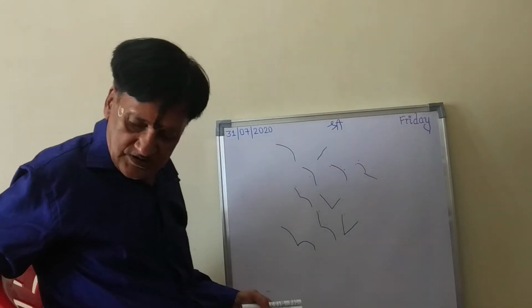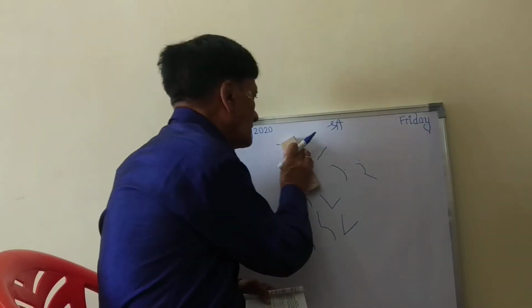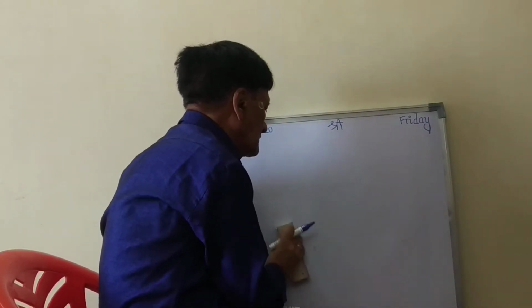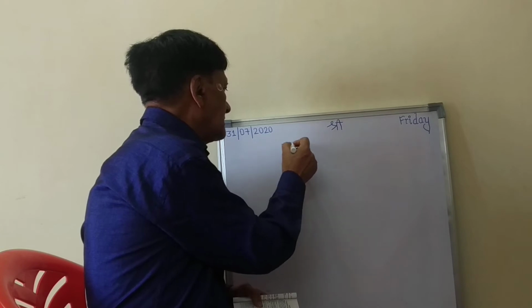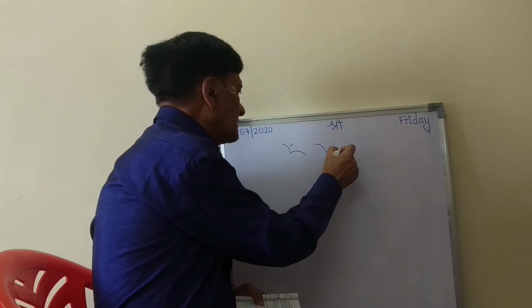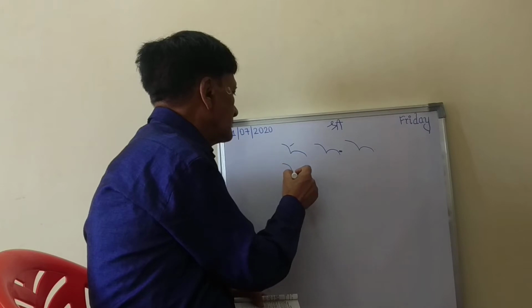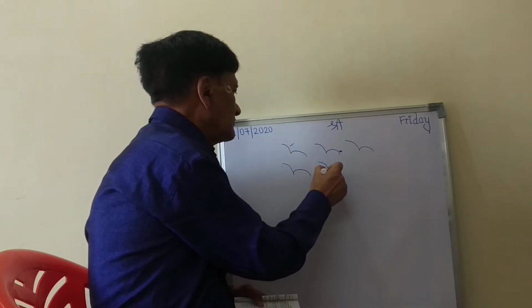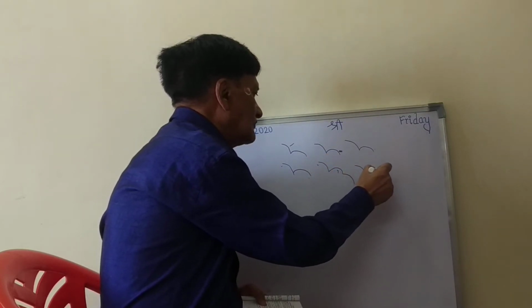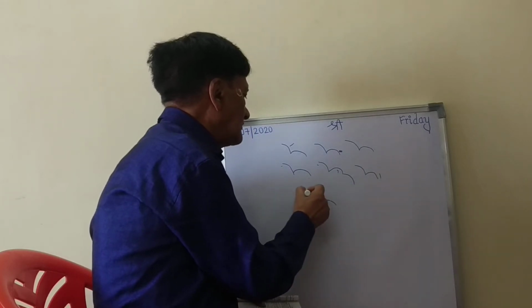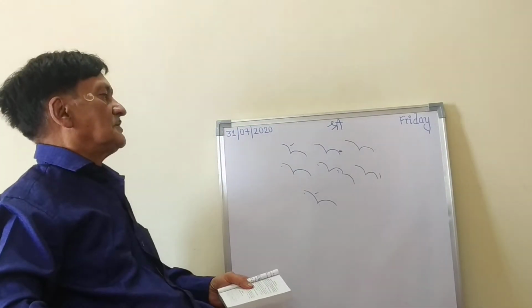As in the examples, Rome, ream, rim, army, armor, room, aroma, etc. So these are the three rules to write downward R and upward R.